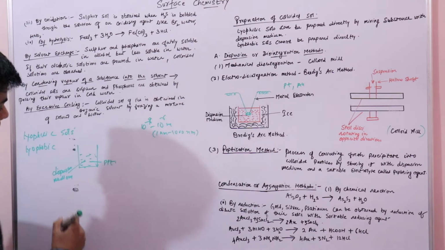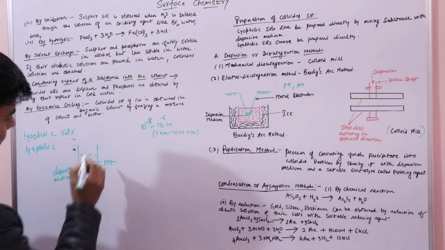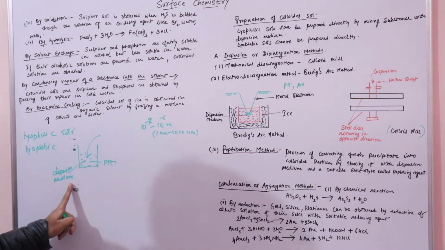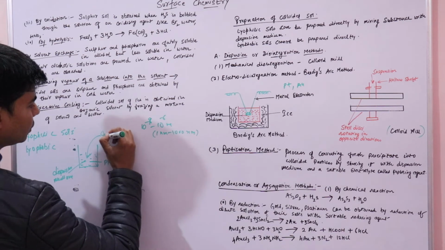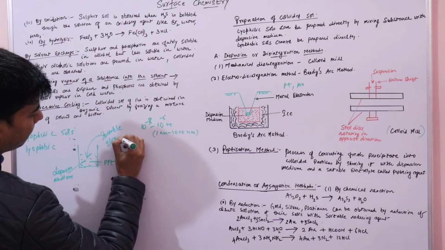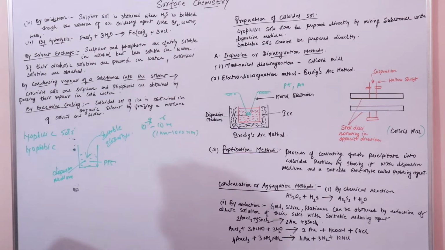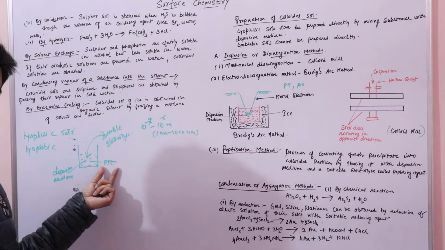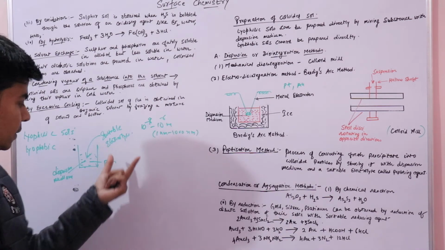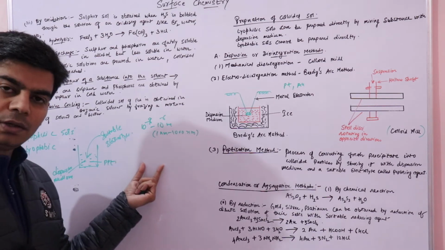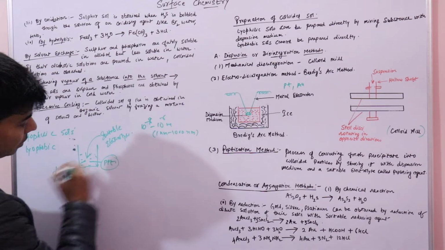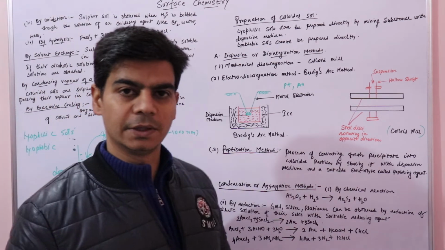To this, we will shake the precipitate with dispersion medium and with a suitable electrolyte. We will see what this suitable means. So when you shake the freshly prepared precipitate with the dispersion medium and the suitable electrolyte, this precipitate will break into particles of colloidal range.